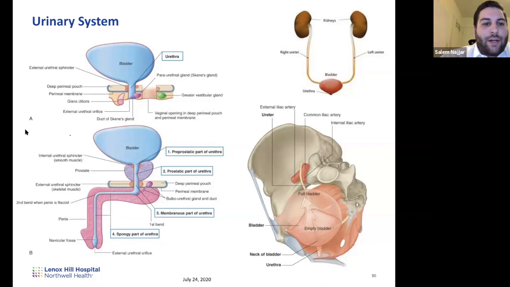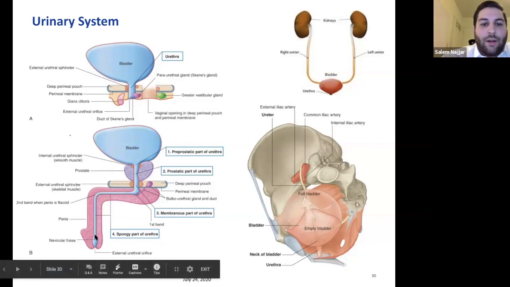With men, the bladder drains into the urethra, and there are 4 different parts of the urethra here, and it's a much longer urethra. It's about 20 centimeters long. You can see there's a preprostatic part, a prostatic part, a membranous part, and a spongy part. And then it exits out the urethra.